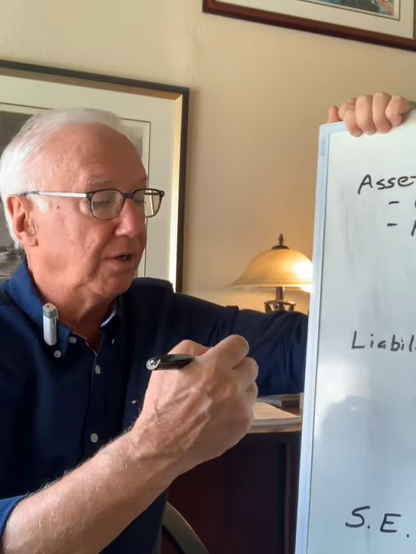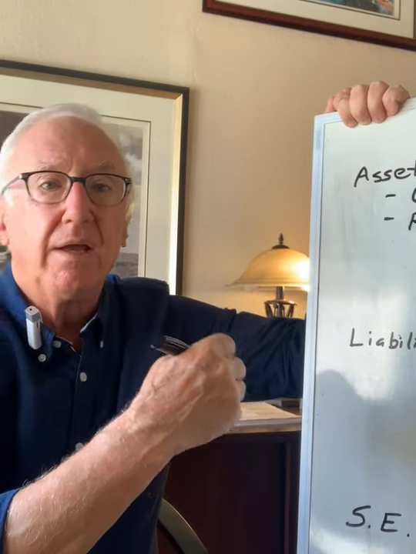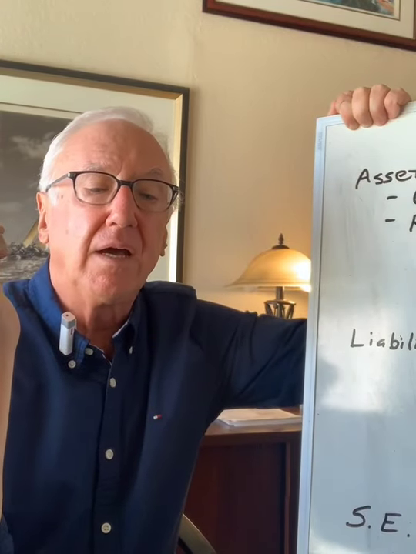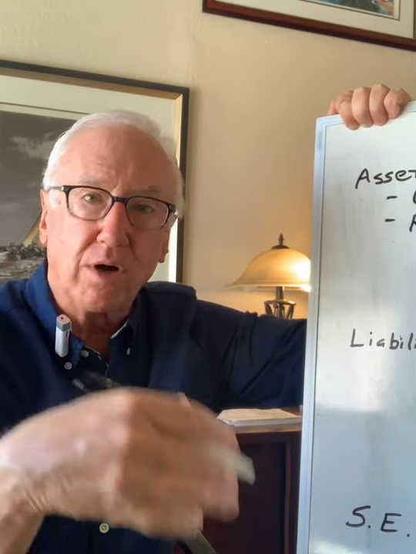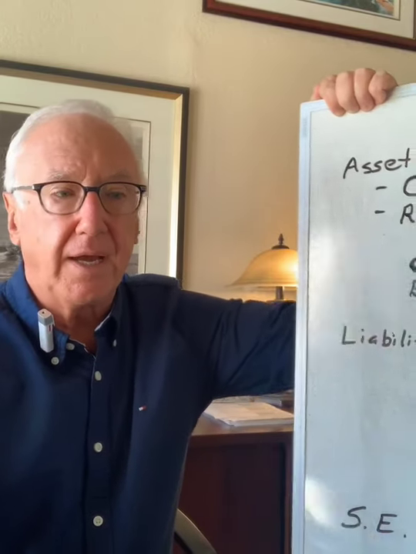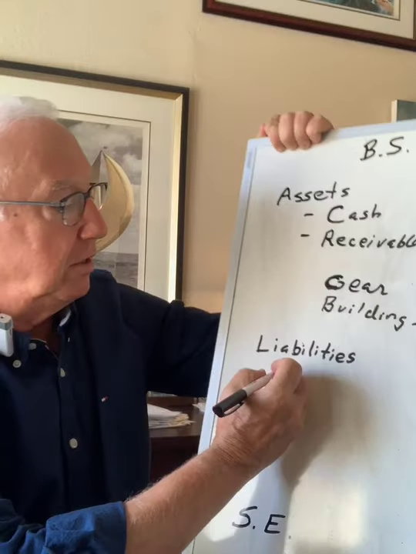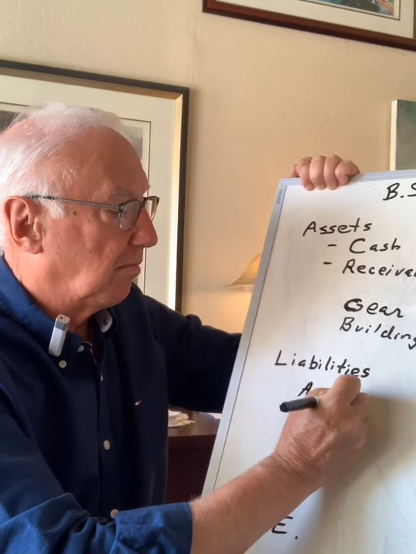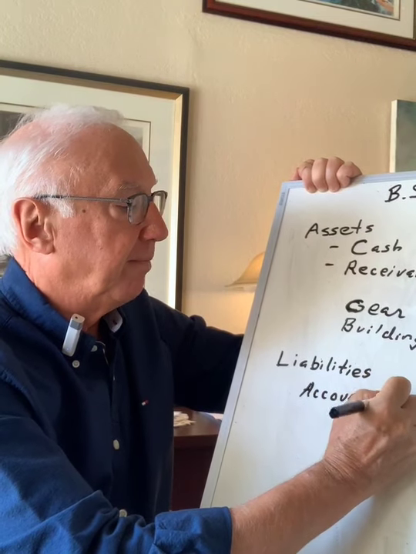You start with current liabilities. Your most current liability is going to be the money that you owe for work that was done on the various projects that you do. So that's called accounts payable.